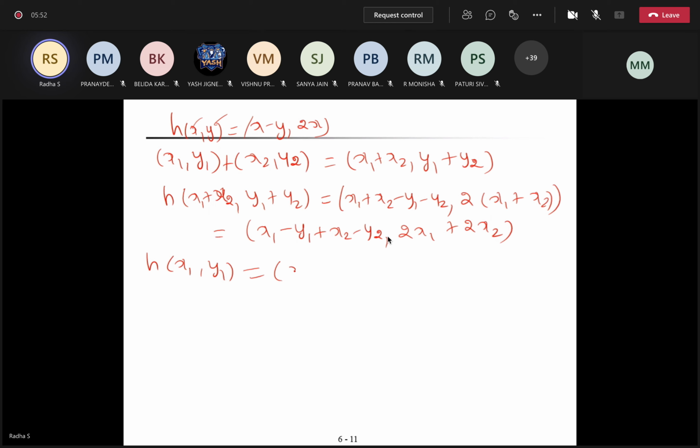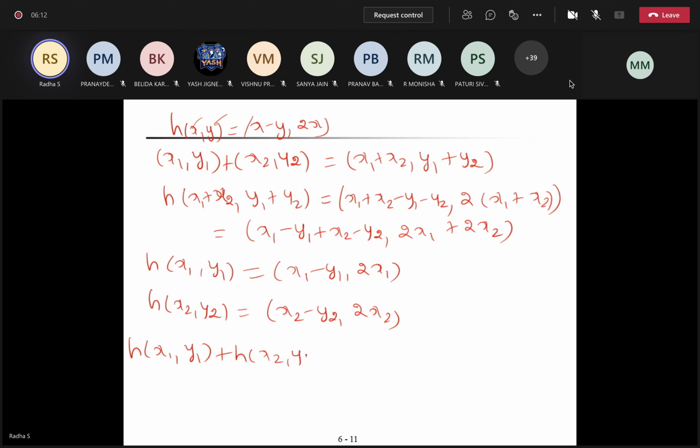It is x1 minus y1 comma 2x1, and h of x2 comma y2 is x2 minus y2 comma 2x2. So if you add these two things, h of x1 comma y1 plus h of x2 comma y2 is x1 minus y1 plus x2 minus y2 comma 2x1 plus 2x2.